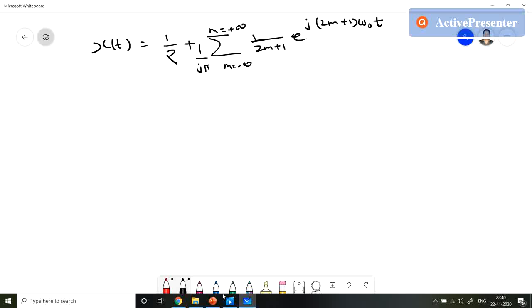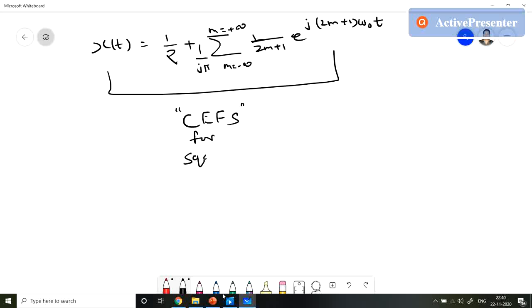So this is the complex exponential Fourier series expansion of the periodic square wave. Let us find out the trigonometric Fourier series.